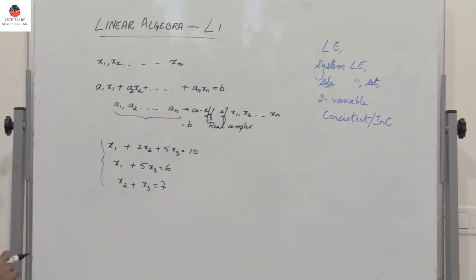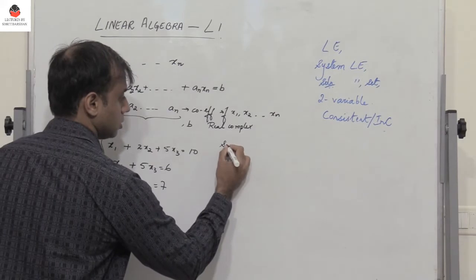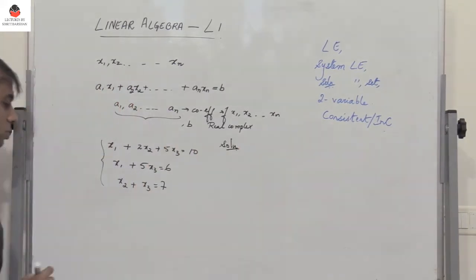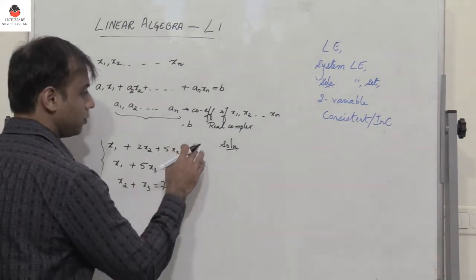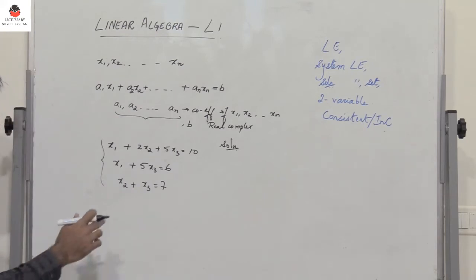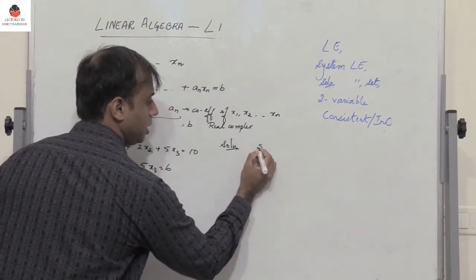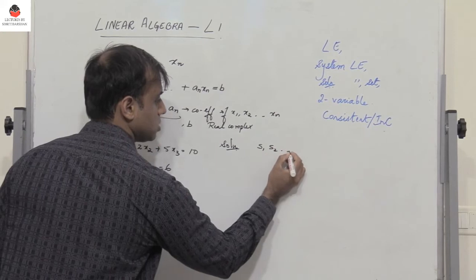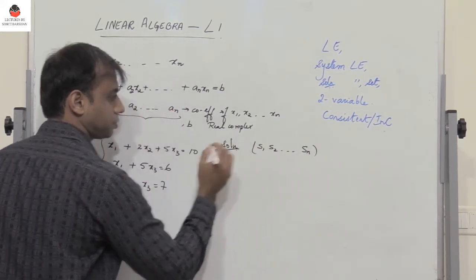Now let's discuss the solution. What do we mean by the solution of a linear equation? The solution of a system of linear equations is nothing but a list of numbers, let me say s1, s2 up to sn.